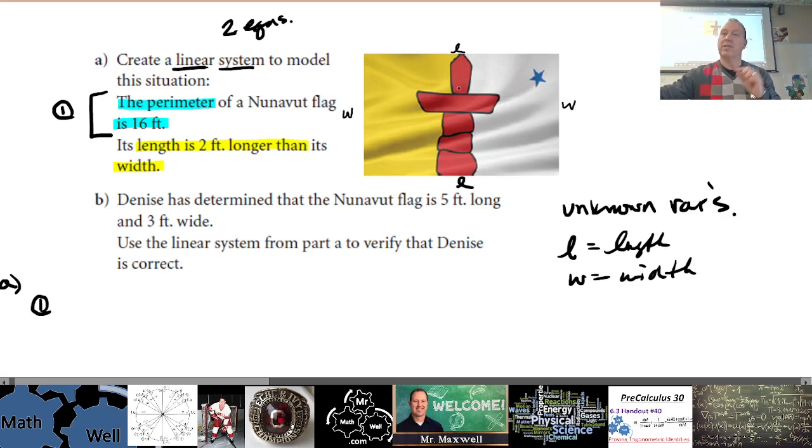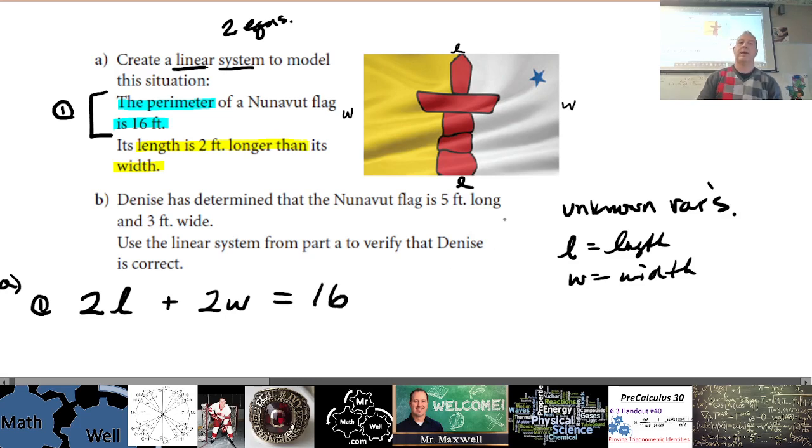Okay, the perimeter is the distance all the way around, which includes length plus width plus length plus width. So 2 lengths, right on, plus 2 widths equals 16. That's perfect. And obviously you can start by thinking, hey, the perimeter is 16, so what can I do with that?